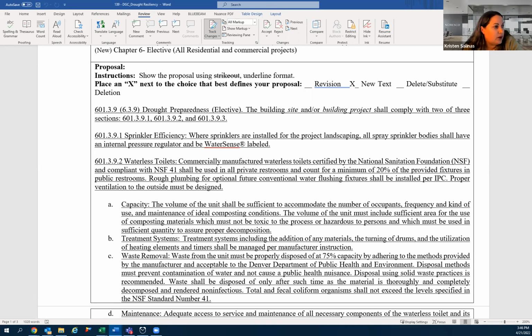We basically followed the NSF requirements for, I think, NSF 41. So those have kind of been tested, probably not as much as we had hoped, but those are really what's commercially available. And the last one is just addressing any high water end uses, including swimming pools.